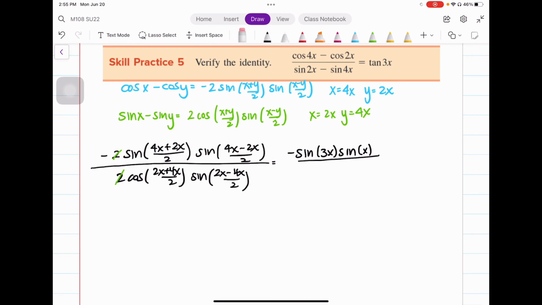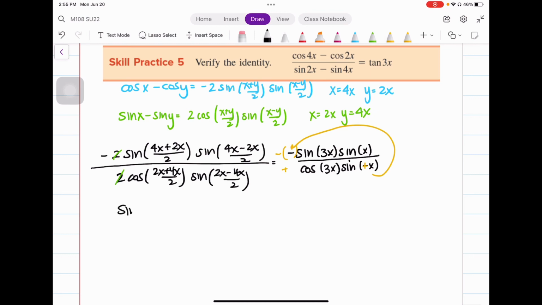over cosine 2x plus 4x is 6x over 2 is 3x, sine 2x minus 4x is negative 2x over 2 is negative x. And a negative sign, when we have that negative input, it makes the entire function negative. So I can make this a positive, but the entire function is a negative, which means that these two negatives actually become a positive.